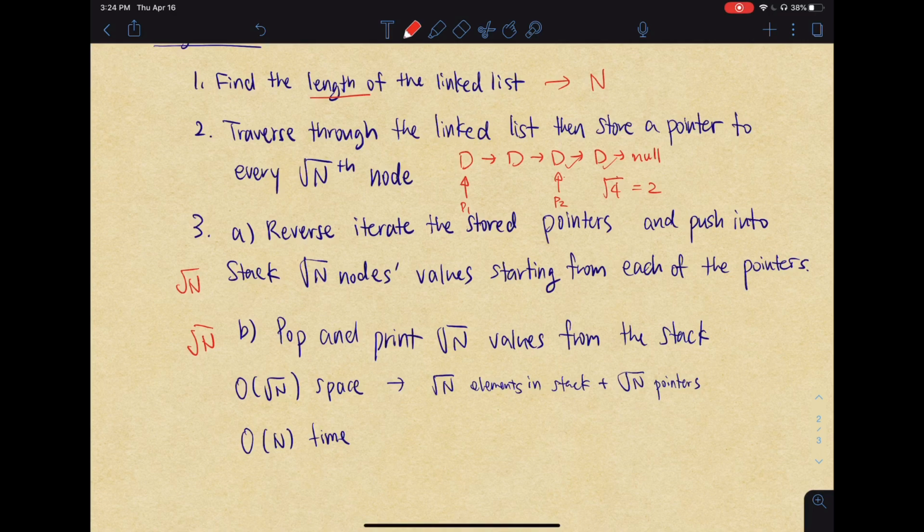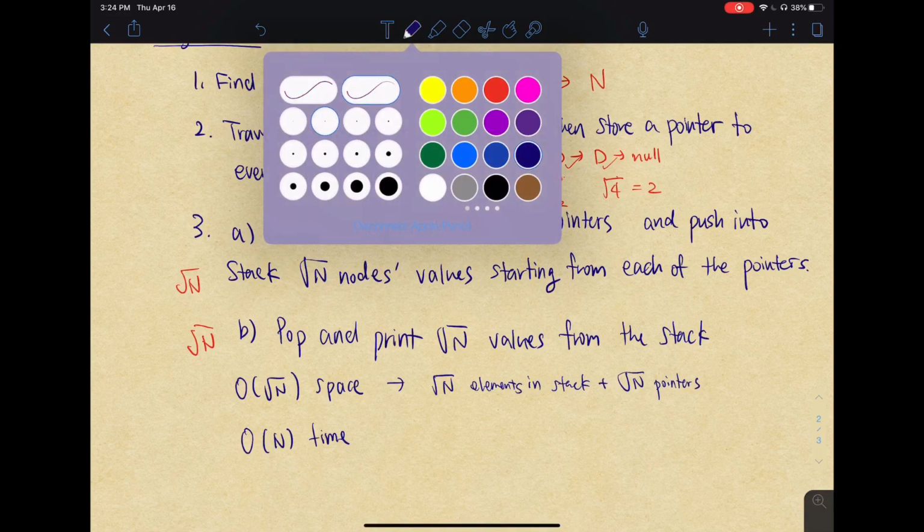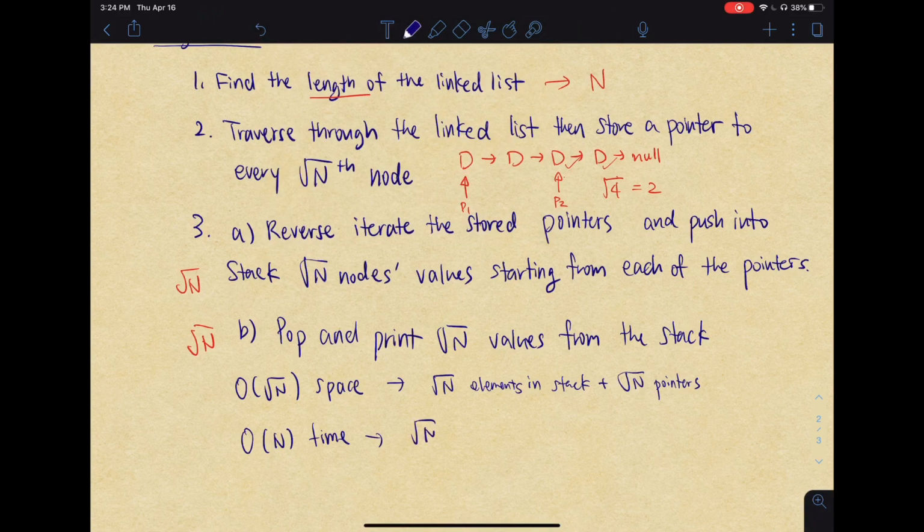So since we're doing root n push and pop operations for every root n pointer, that results in root n times root n, and this gives us n operations in total. Oh, and also we iterated through the linked list of length n from steps 1 and 2. So yeah, that's also O of n time.